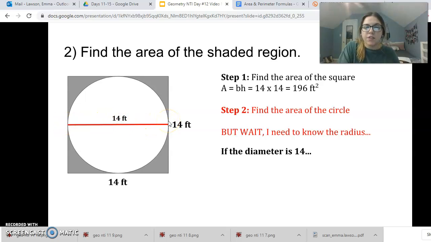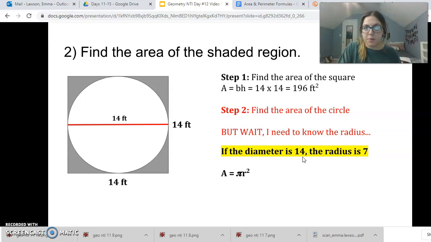Okay? So even though it wasn't labeled, I can figure that out just by looking at the picture. And we need to know the radius. If the diameter is 14, then that means the radius is 7, because 14 divided by 2 is 7. Alright, so now I know what the radius is.